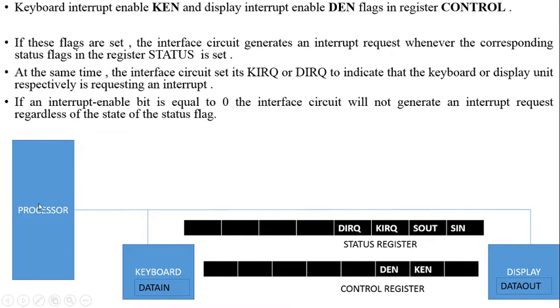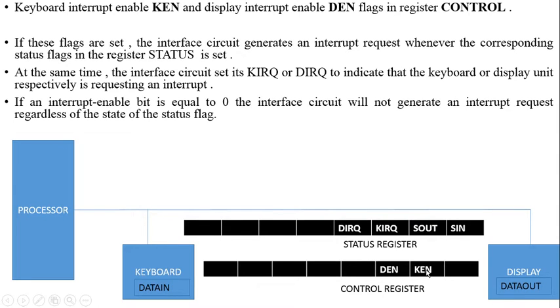Consider a situation in which the processor is executing a particular program in which we need certain input values from the keyboard, and the program does not generate any resultant values to be displayed through the display unit. What's the meaning? That means we want to use the keyboard with the currently executing program, and the display unit is not a part of it, so this information is represented using these bits.